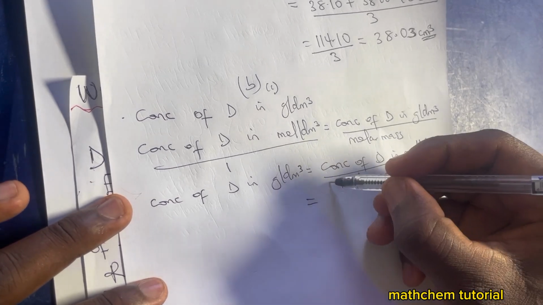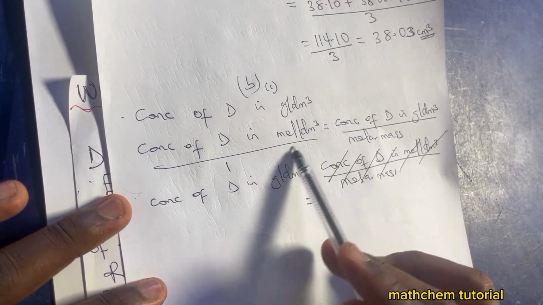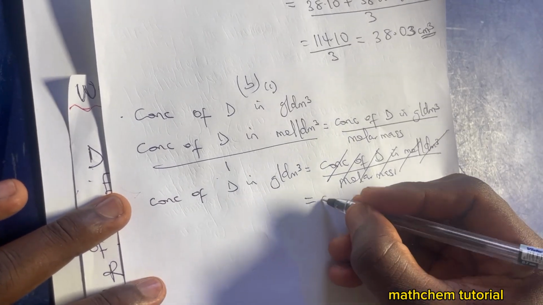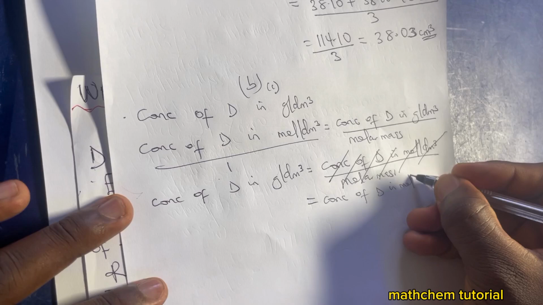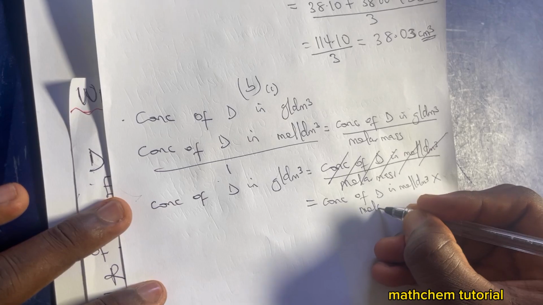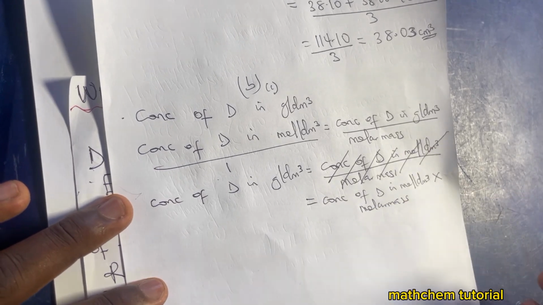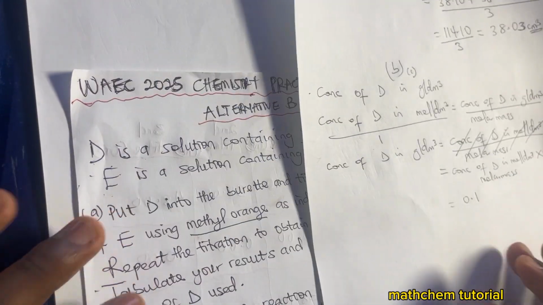Sorry about this, let me correct this. It's going to be times. Imagine this one times 1, this times this. So that will be concentration in mole per dm cube times molar mass. It's times, take notes. So now concentration of D in mole per dm cube is 0.1 from the question here.